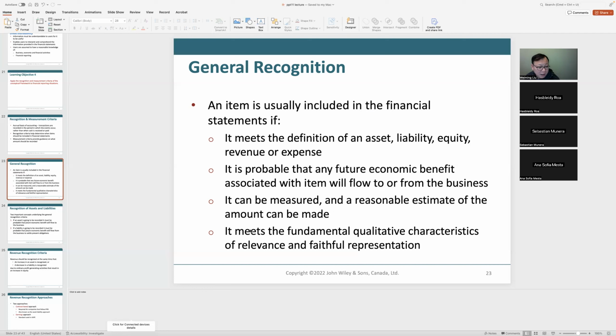Okay, so I have a question for you. You think about the university financial statement, right? You think about assets. My question for you is, is the university president an asset?